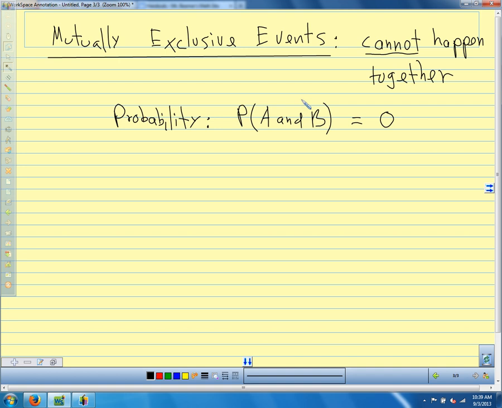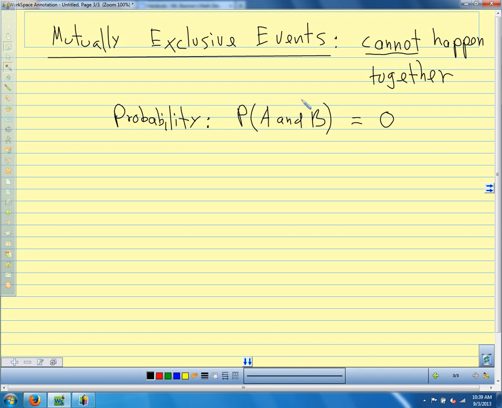So an example of that would be you get an A and an F on the same test. You can't get an A and an F on the same test. So those would be mutually exclusive. The probability of that happening is 0. Another example is the door being open and the door being closed at the same time.